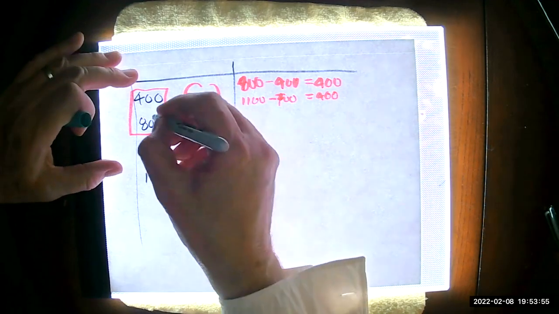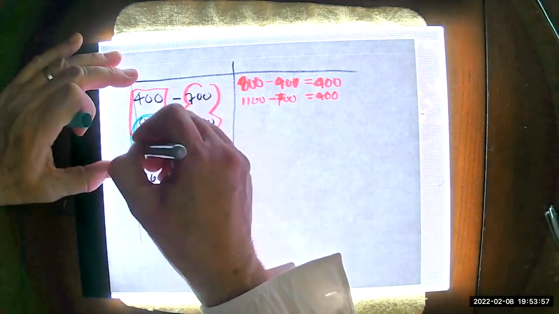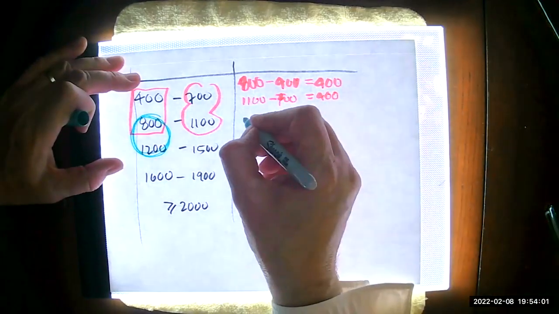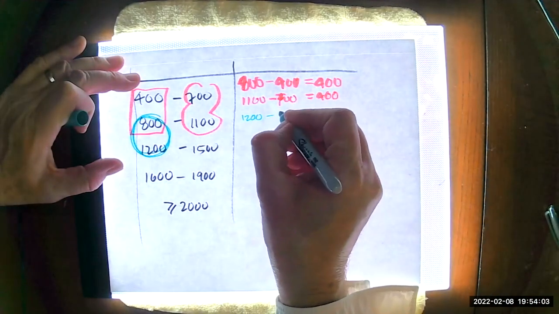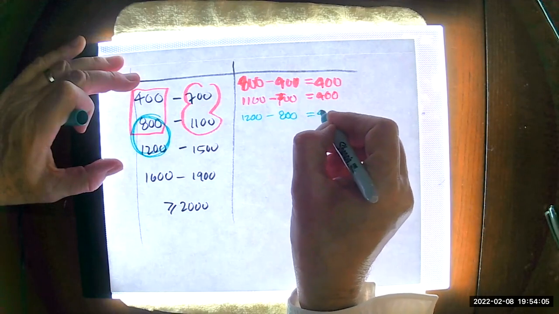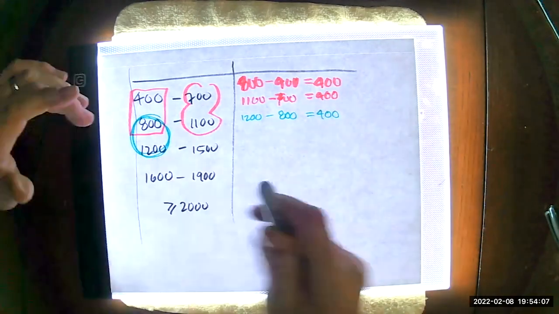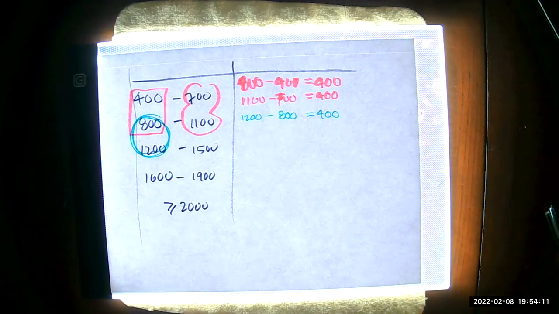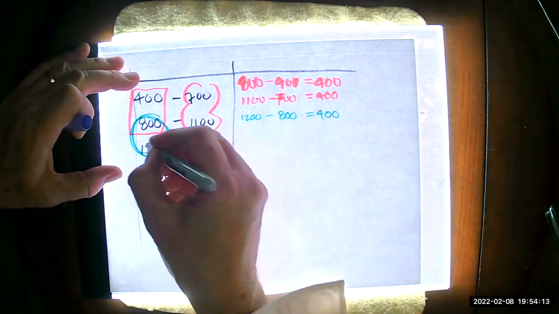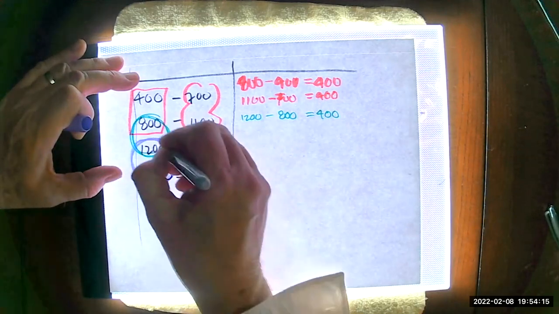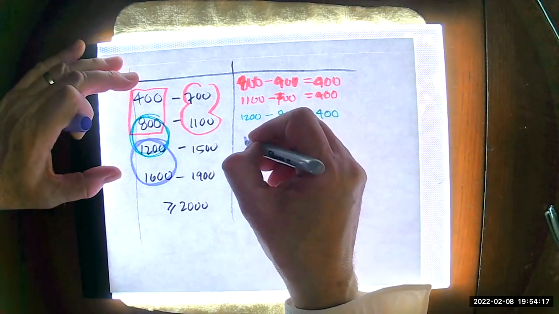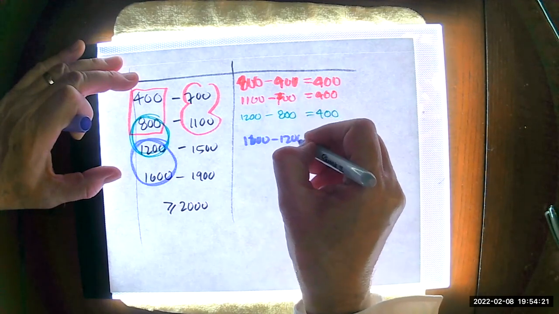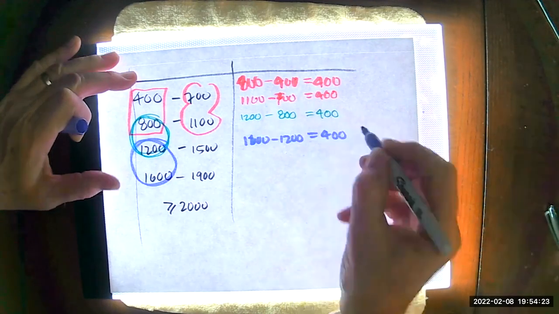Here's my second class. For my second class, I'm going to use consecutive lower class limits. So it's 1200 minus 800, or 400. For my third class, I'll use 1600 minus 1200, or 400.